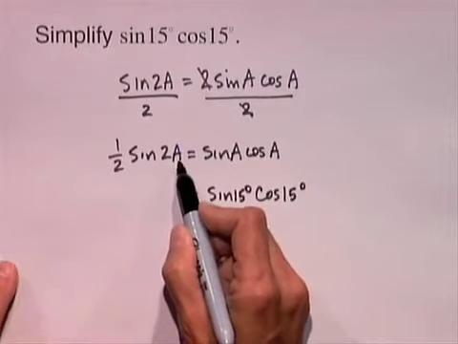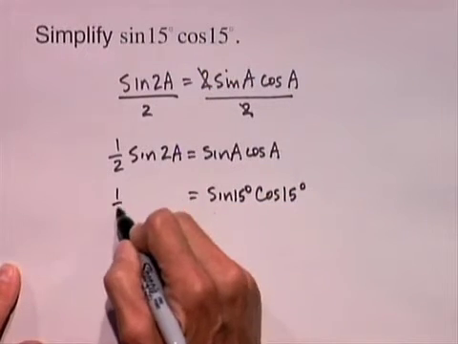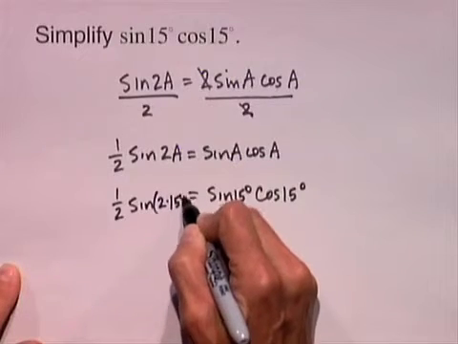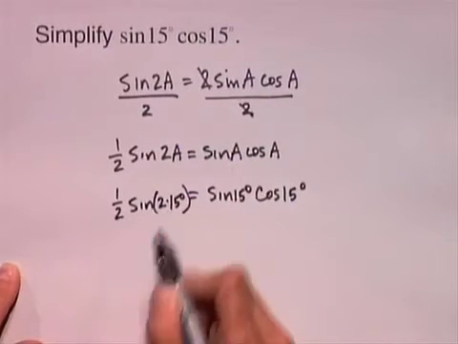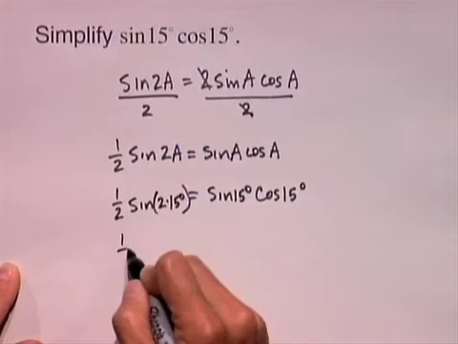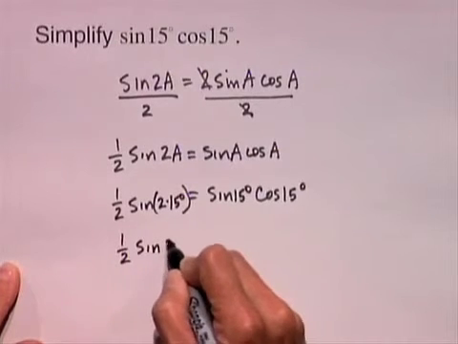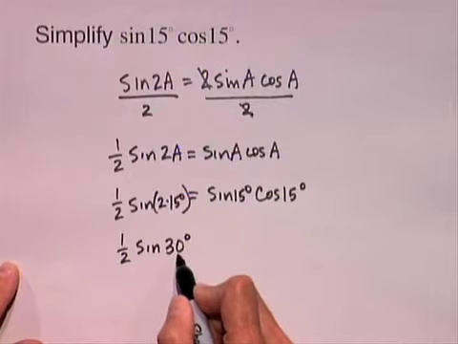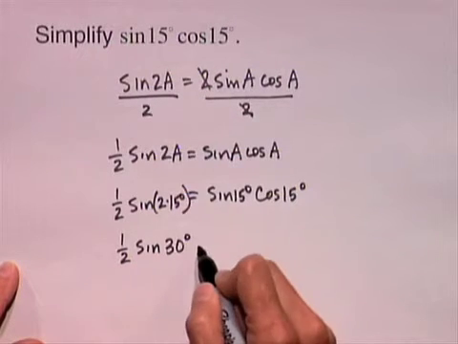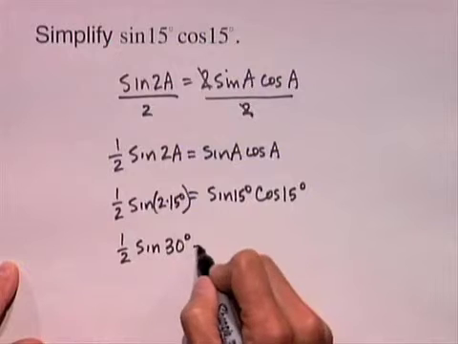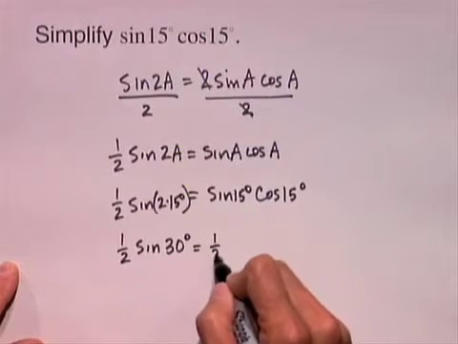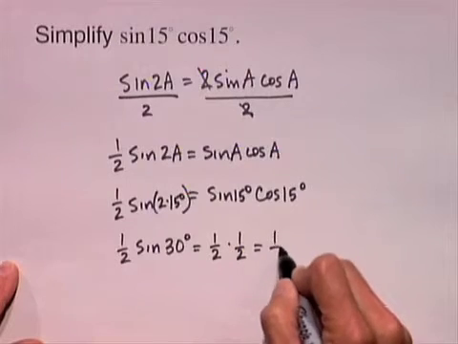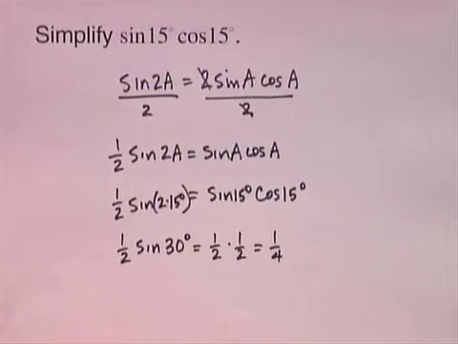So I'm going to put 15 degrees for a on the left-hand side, and I need to simplify 1/2 sine of 2 times 15 degrees, which is 1/2 the sine of 30 degrees. Now I need to put in the sine of 30 degrees, which is itself 1/2, so this ends up becoming 1/2 times 1/2, which simplifies to 1/4.